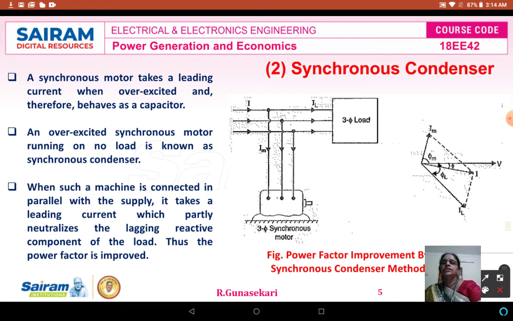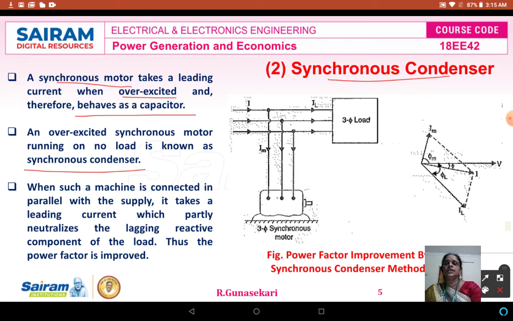When the synchronous motor is over excited, the motor current leads. Therefore, the synchronous motor behaves as a capacitor, which is why it is called a synchronous condenser. An over-excited synchronous motor running on no load is known as a synchronous condenser. This is the definition of synchronous condenser.